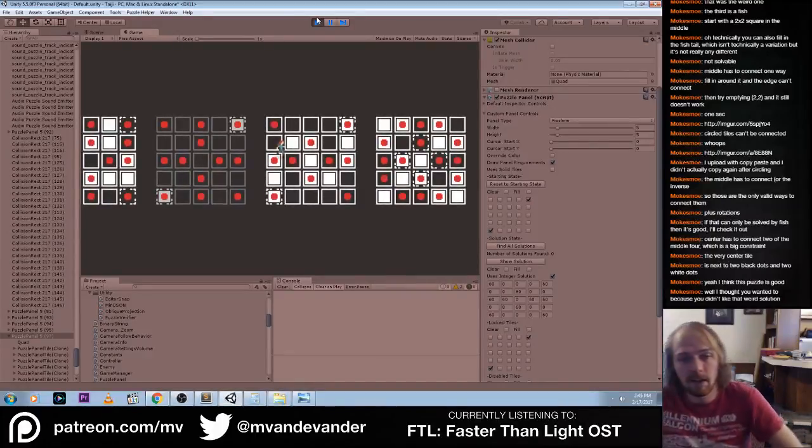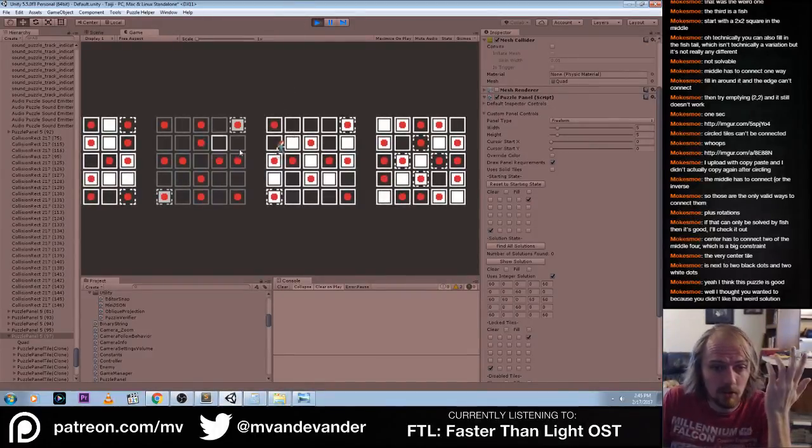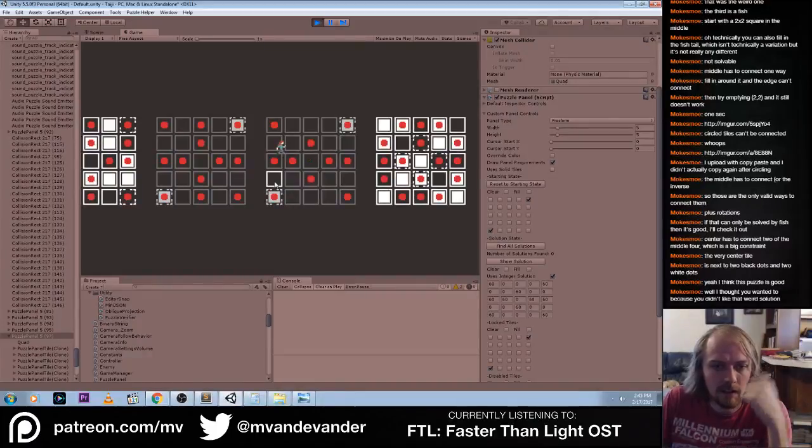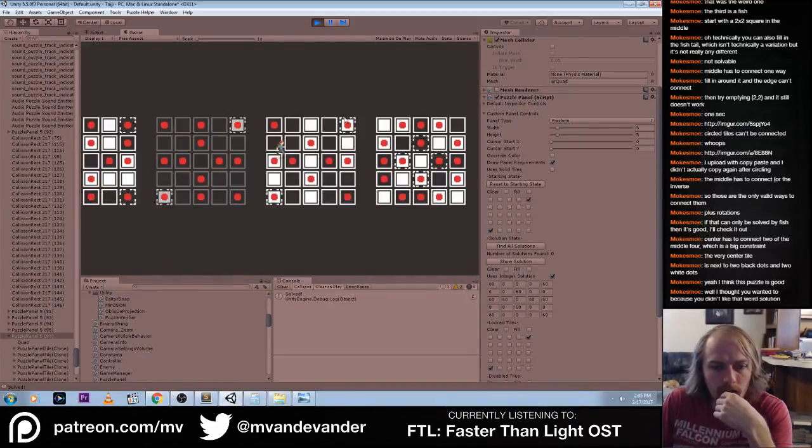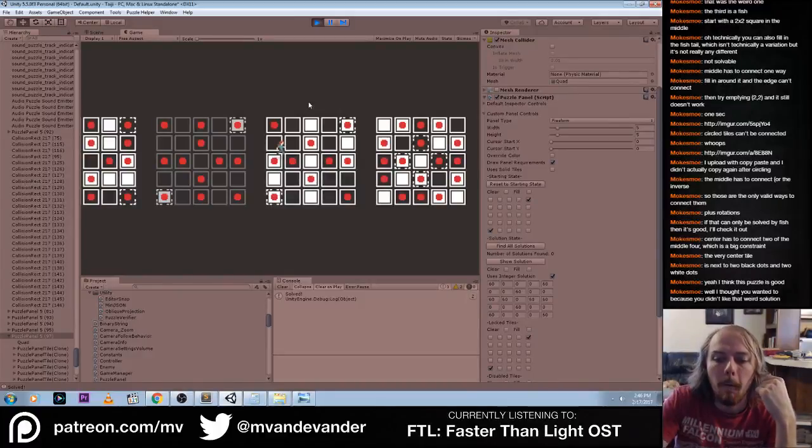If I can do like less dots and less solutions, then that's nice, right? So it looks like that's kind of it. Yeah, there's that one too.